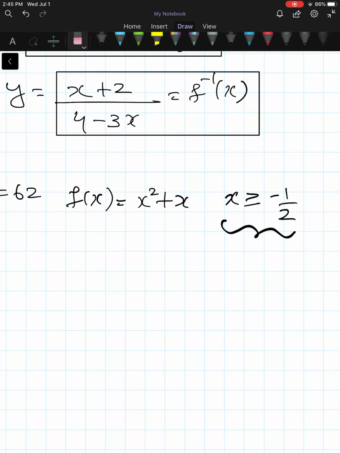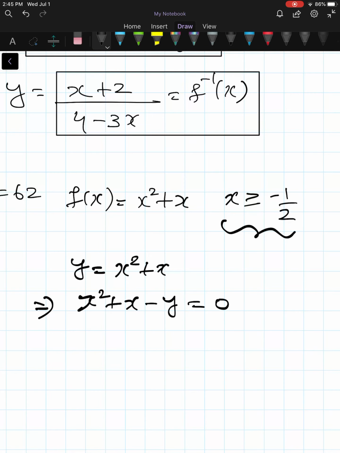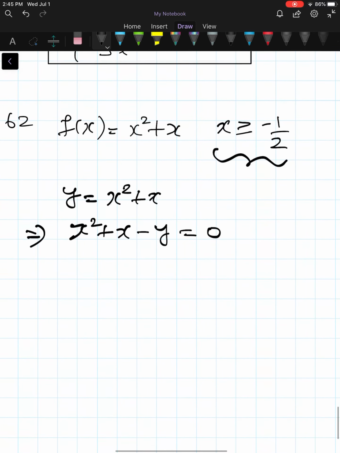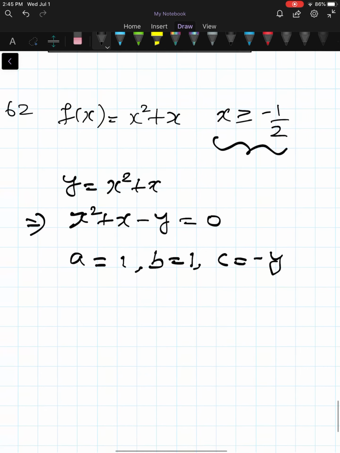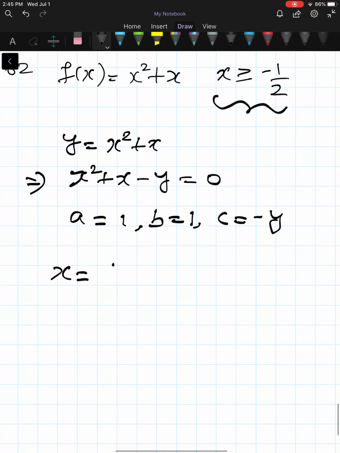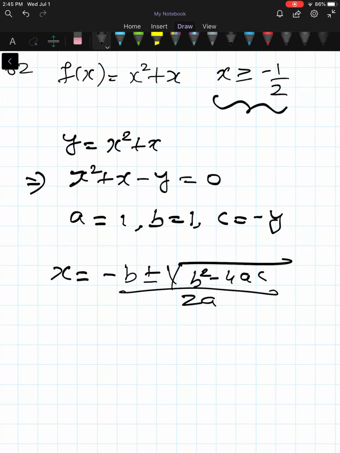Okay, so that would be y is equal to x square plus x. So x square plus x minus y is equal to 0, correct? So now our a is equal to 1, b is equal to 1, c is equal to negative y. So our x will be equal to negative b plus or minus square root of b square minus 4ac, divided by 2a.